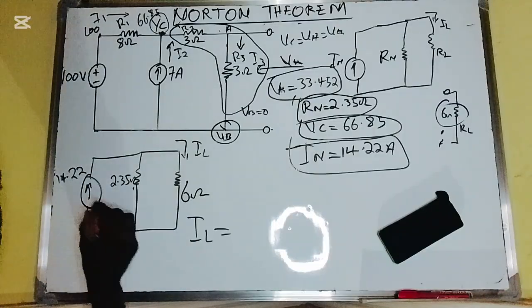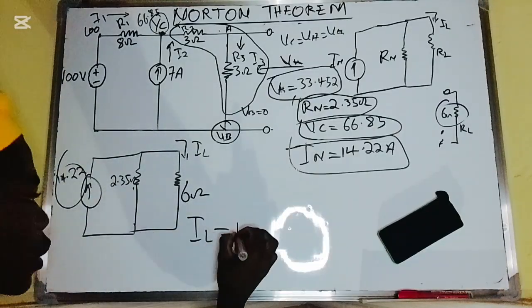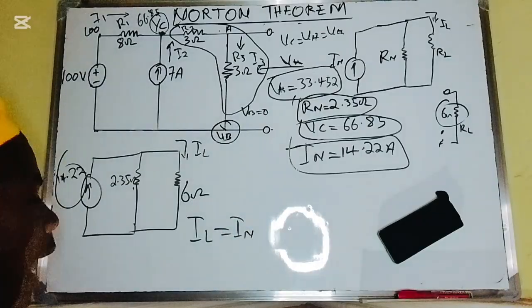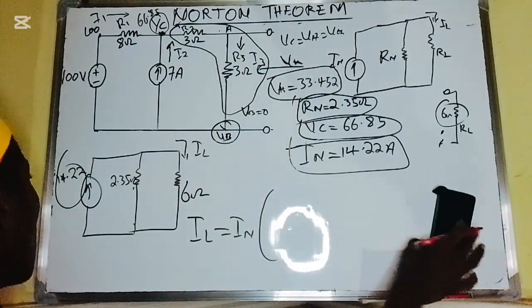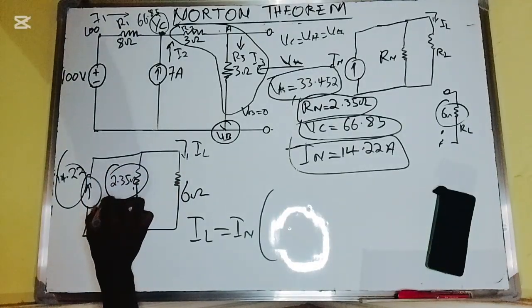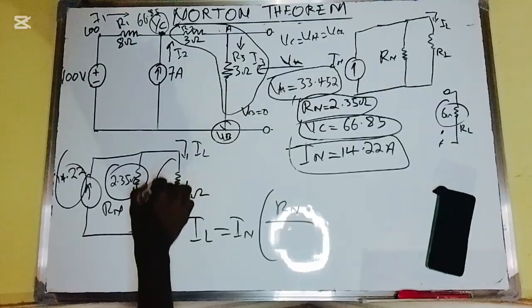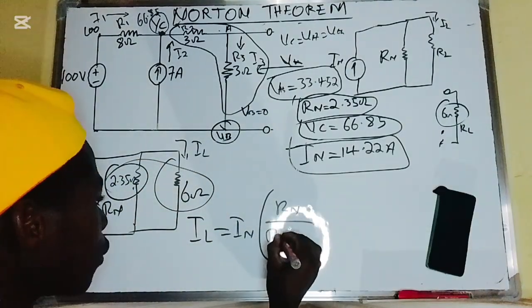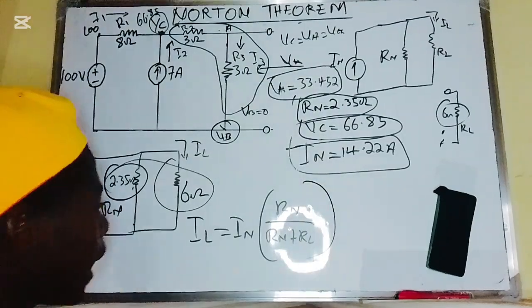To find IL, I have to use the current divider. I'm looking for IL, so I have to multiply by the Norton's current IN, and I'm looking through this Rn, so Rn divided by the summation of the resistances, Rn plus RL.